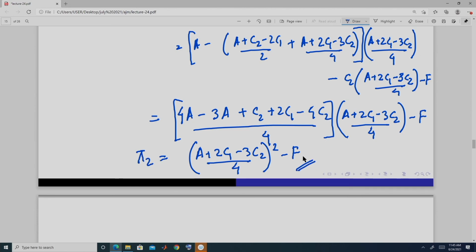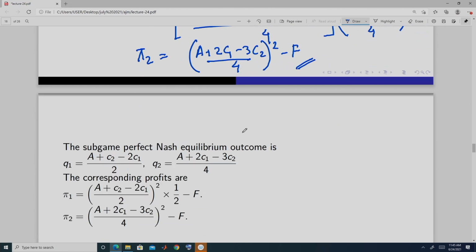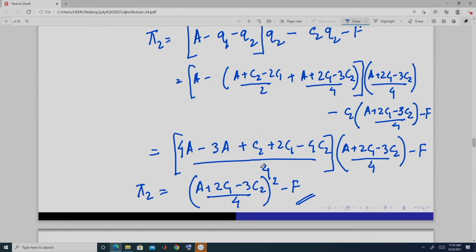So, the profit of firm 2 in stage 2 is this.